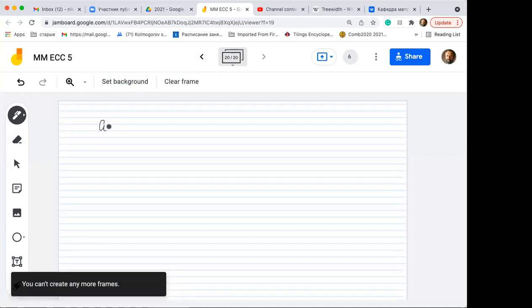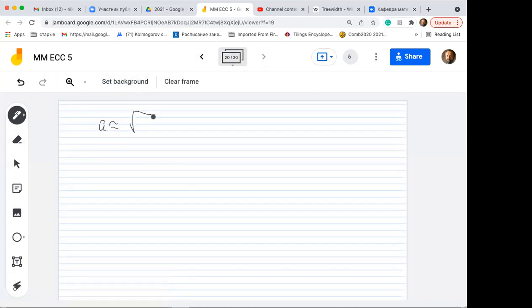A is approximately equal to the square root of n cubed times k. That means that a over k is approximately n times the square root of n over k. Well, that was promised, that the size of the list is approximately n times the square root of n over k.